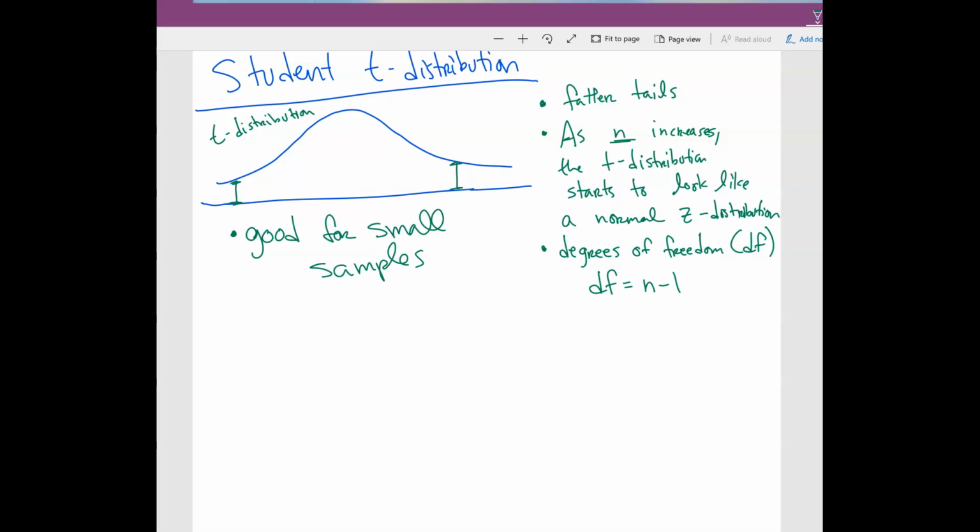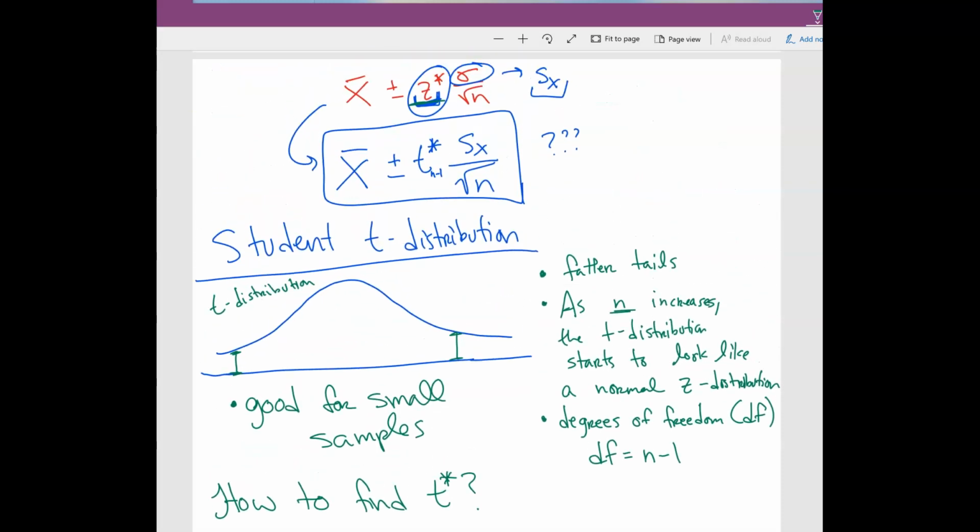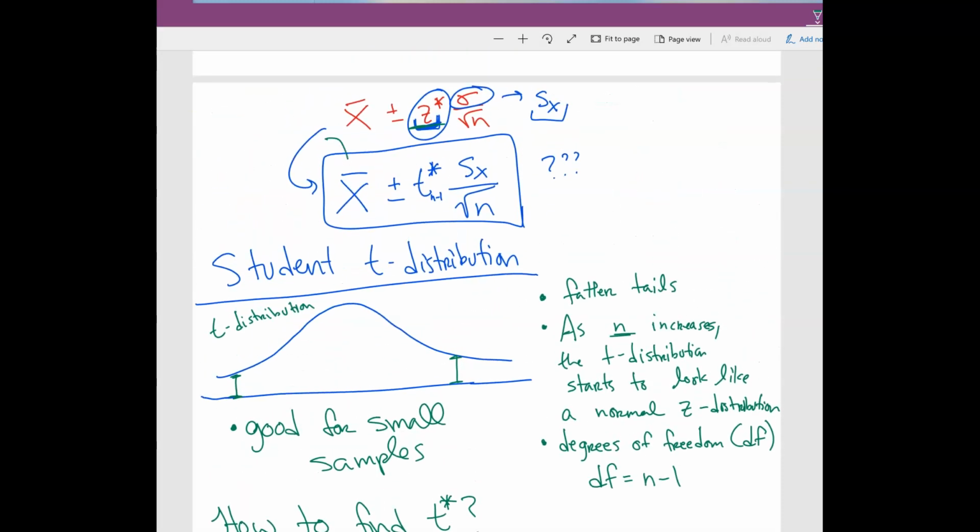These are the directions: how to find T star. The reason we want to find T star is because when we're finding a confidence interval, we're going to know what the mean is, the sample standard deviation, and the value of n. We just need to figure out what T star is.